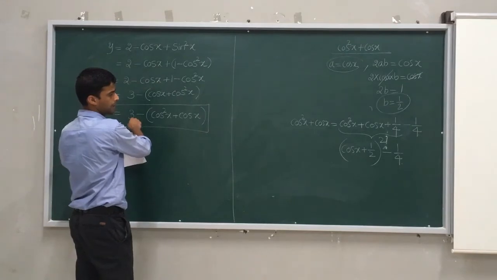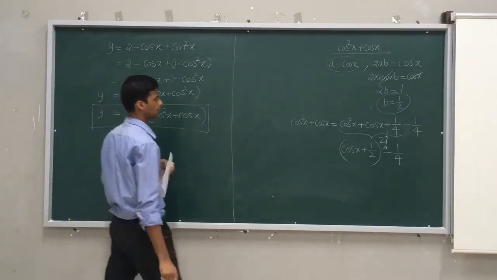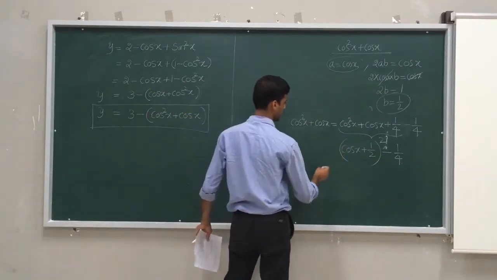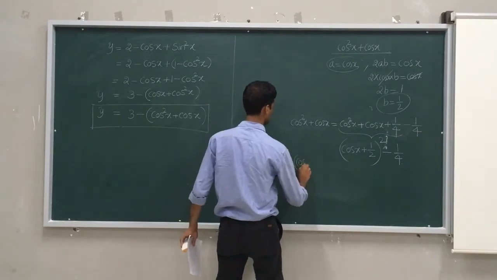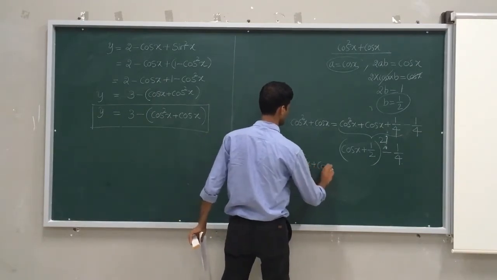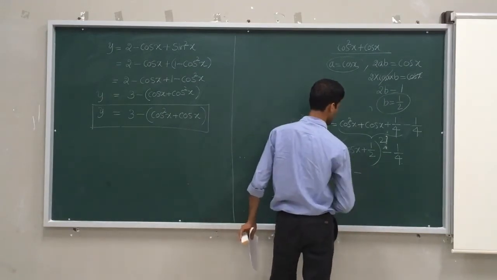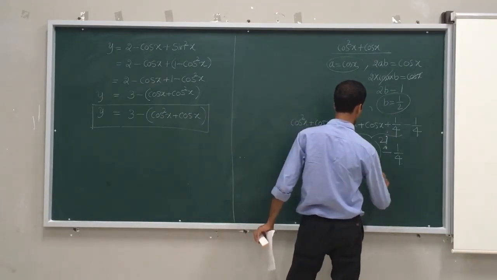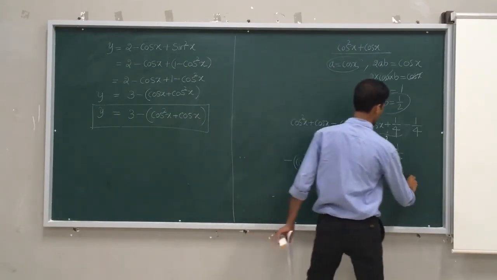But we have another term, minus cos square x plus cos x. So if I write it with the minus sign, it becomes minus of cos x plus 1 by 2 the whole square, and minus minus becomes plus 1 by 4.